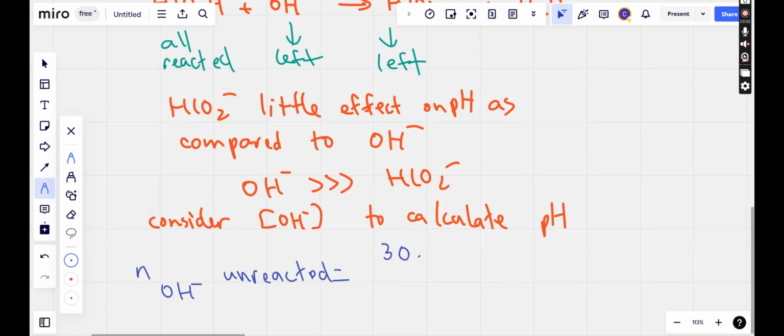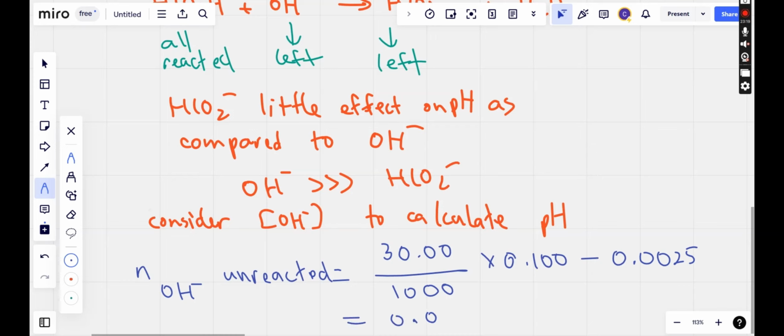Since you added 30 cm³, divided by 1000 to convert to dm³, multiply by the concentration 0.100, minus the amount of acid at the start, you get 0.0005 mole of unreacted OH⁻.